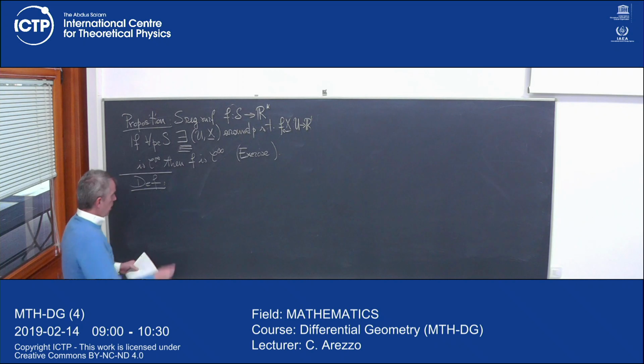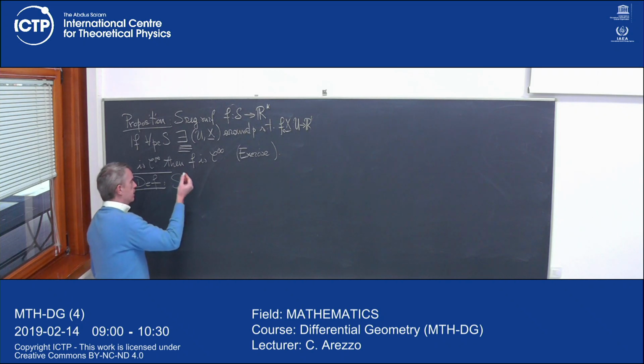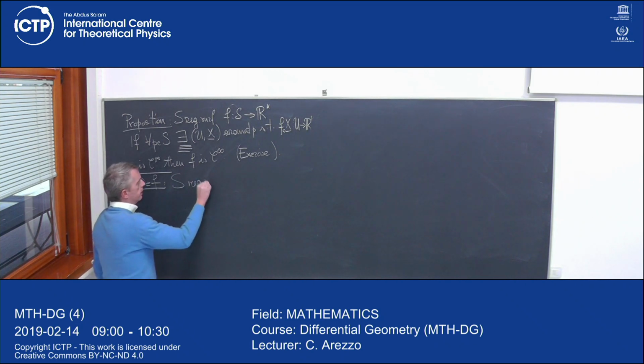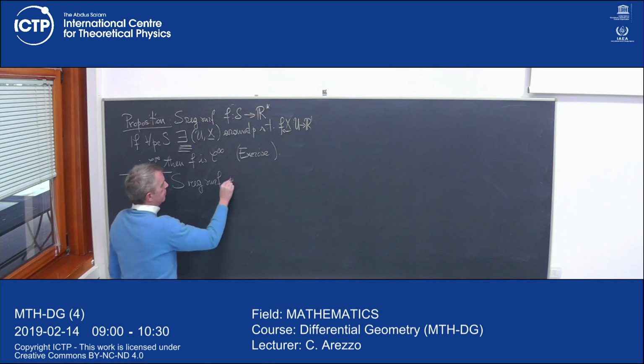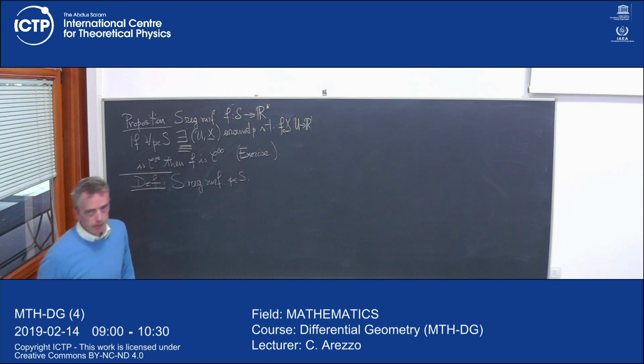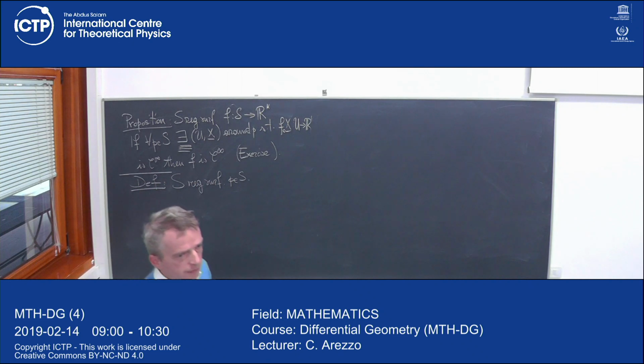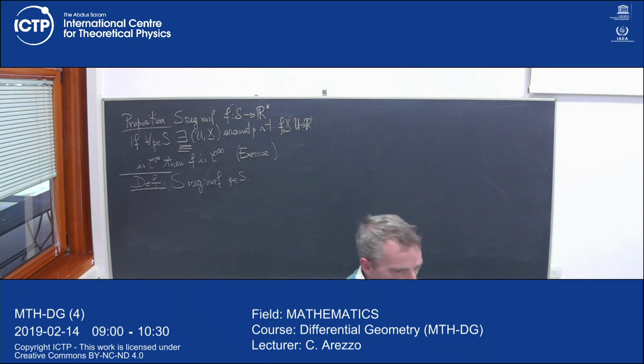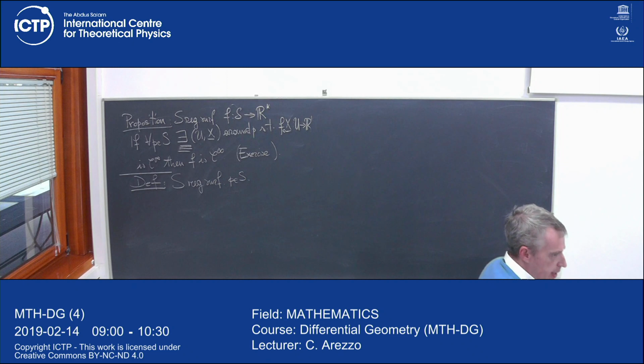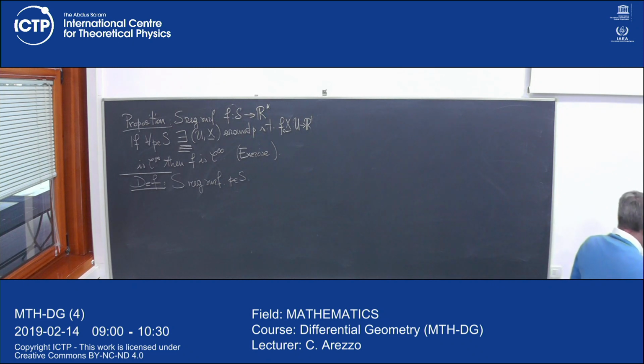So now we pick again, S is a regular surface, and P is a point in S. Because of course, now the aim is to define the tangent space to S at P. So I have a given point, and I'm looking there.